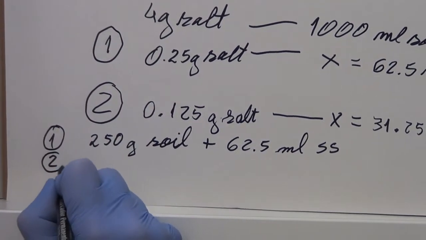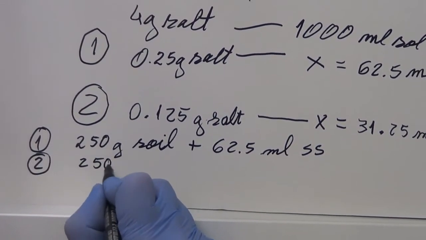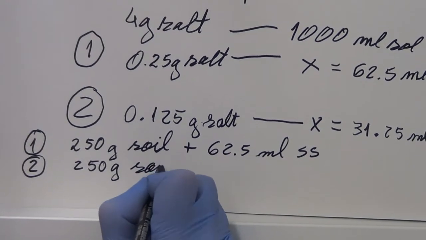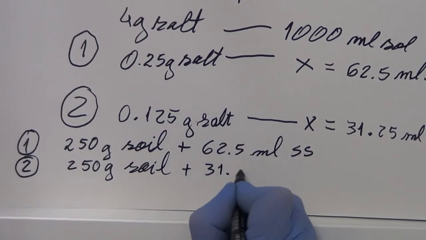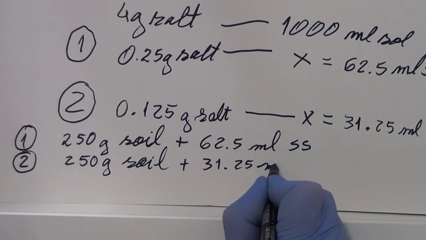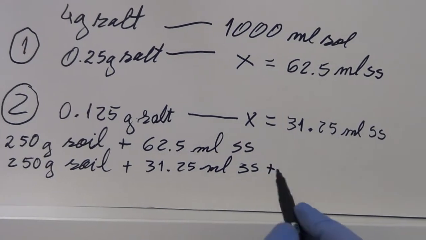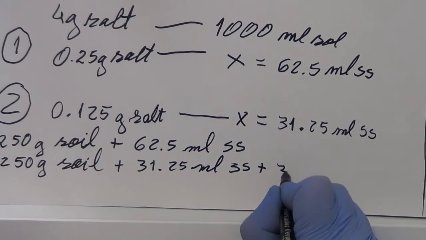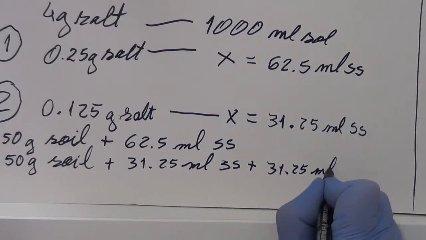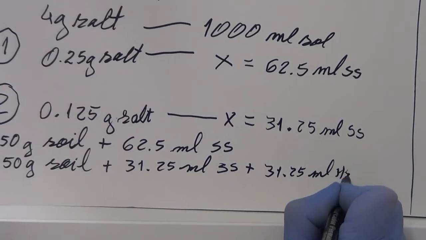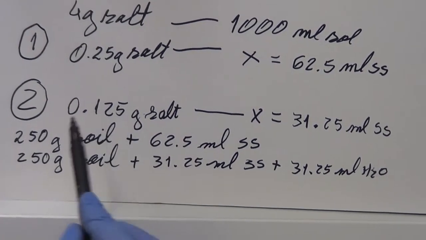For the second concentration, we will need to have 250 grams of soil plus 31.25 milliliters of stock solution plus the same amount of water, because we need to have the same moisture in both soils.